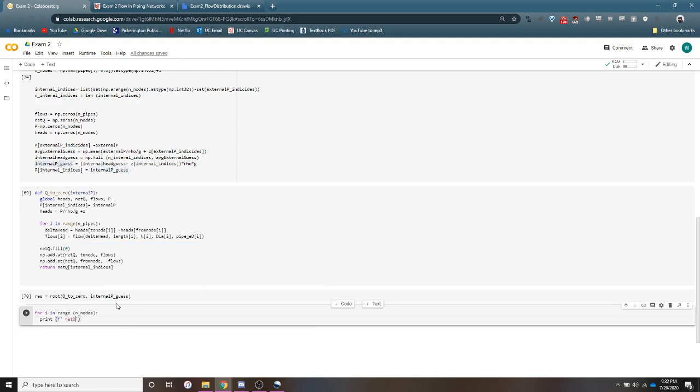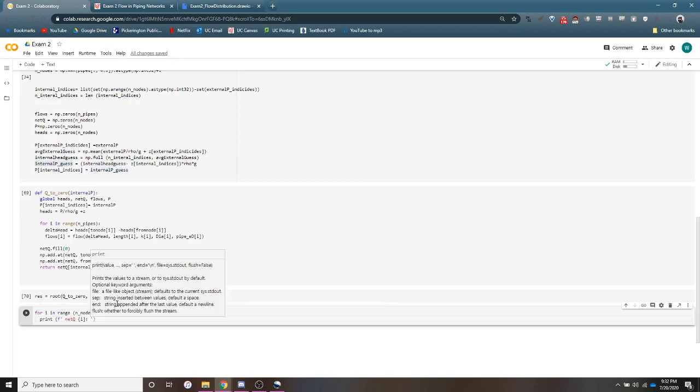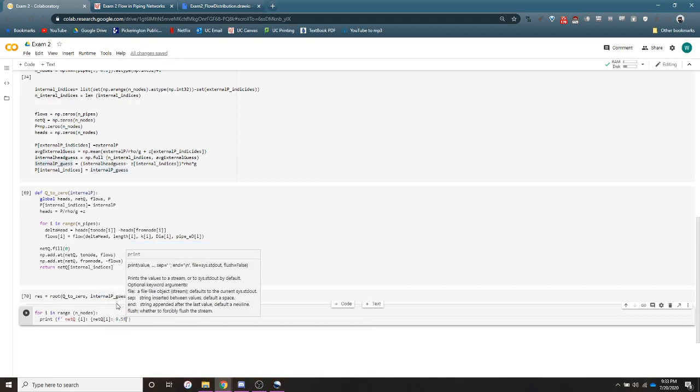netQ, use the variable i here. No, it needs to be, so it reads it as the variable. And this is going to be netQ i and colon 9.5 F, just to get the spacing right.